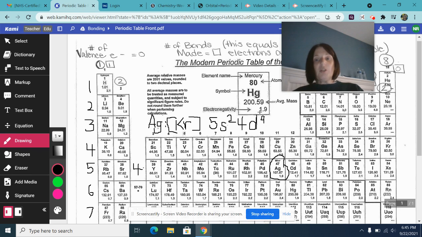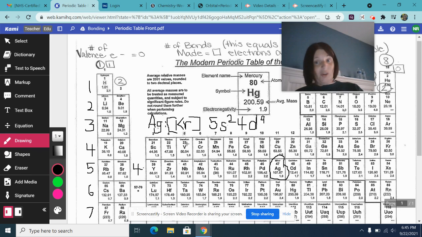In a shorthand electron configuration, because it's different than a longhand one, where all you have to do is total up the number of electrons and it should equal the atomic number, because in an atom your electrons and protons are equal, here you have to add in the atomic number of the noble gas that you put in brackets.